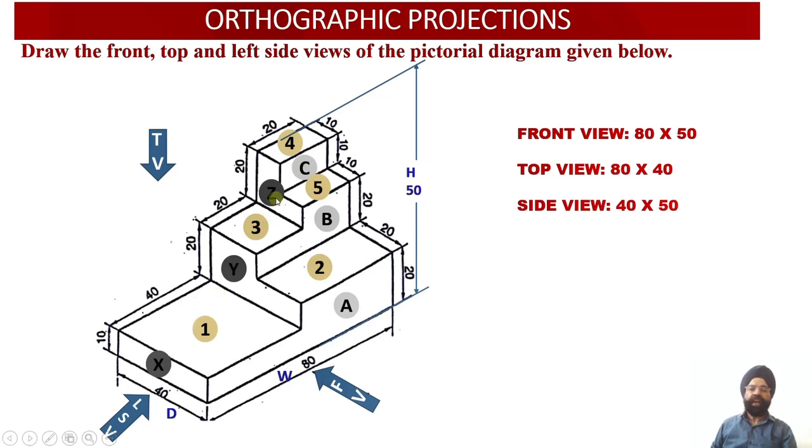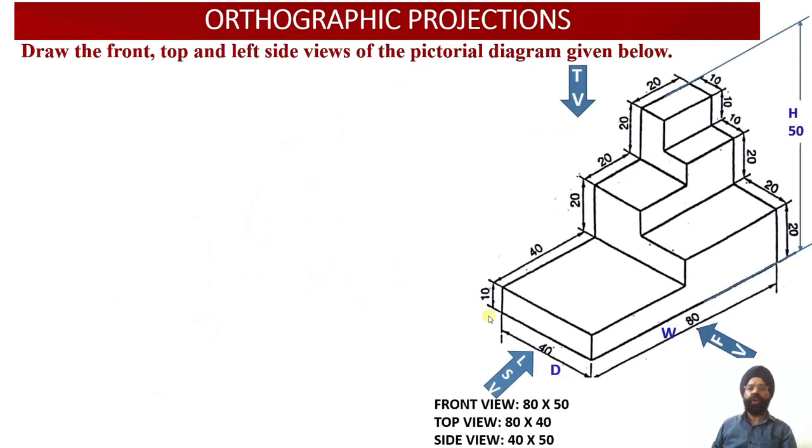So overall, whether we look at those surfaces from the front side, the top view side or the left view side, all these surfaces will be projected as the true shapes, right? So let us move on to the construction of the orthographic projection.